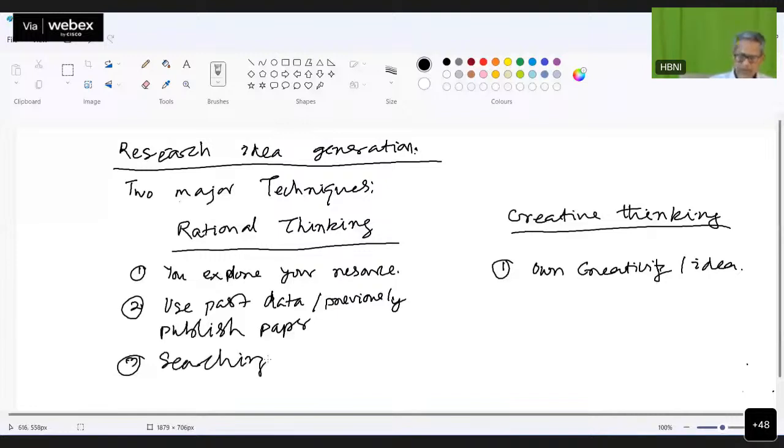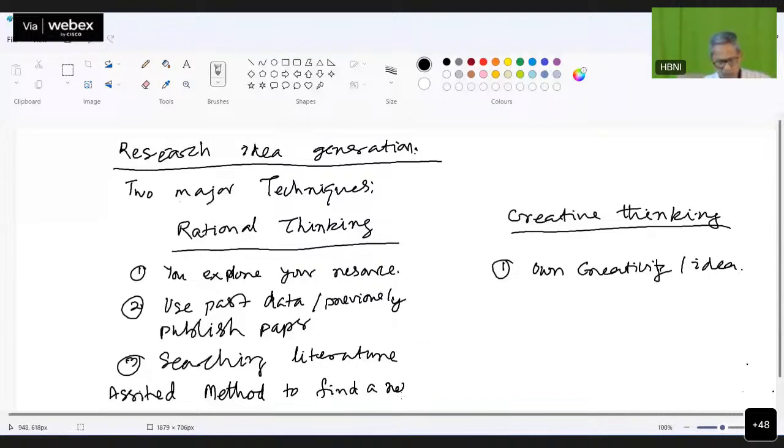So this rational thinking is also called the assisted method to find a research idea.